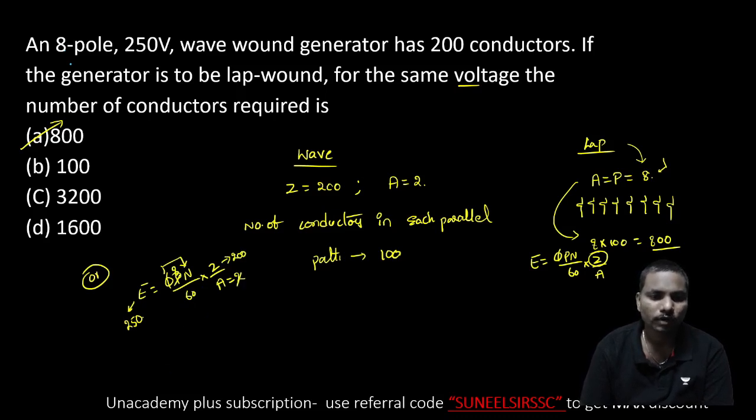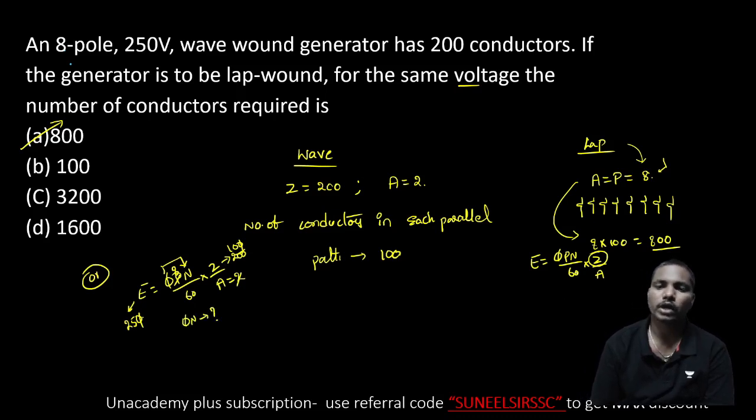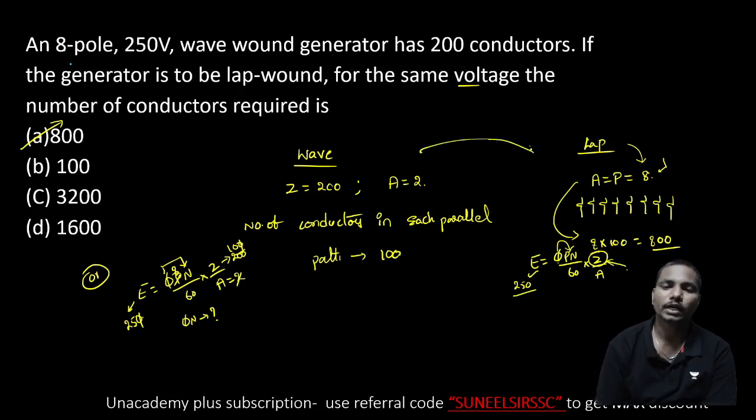So 2 ones, 200s, 800 by 60. This 10 is cancelled out, so 80 by 60. So you will get the ΦN value. You have to substitute that ΦN value here to find out the Z. So EMF you have to take the same 250, then you will get the answer. But the formula based method is lengthy, so just go with the simple understanding method.